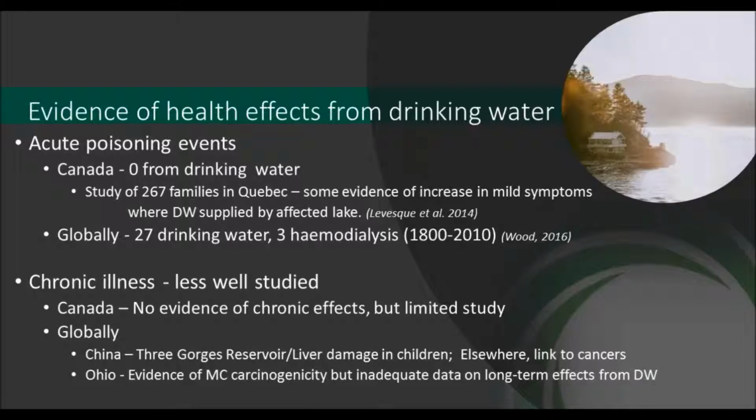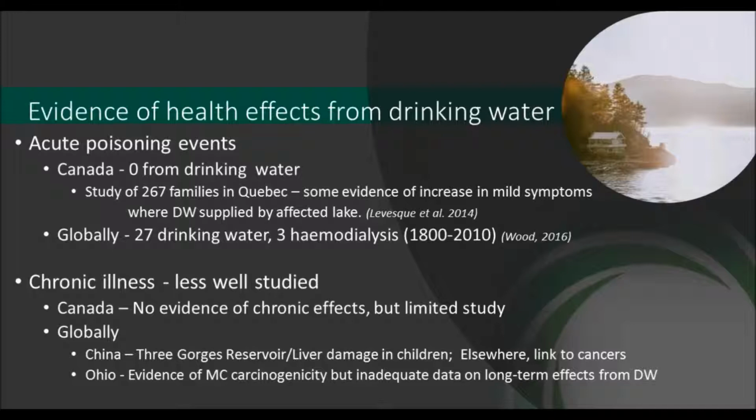Around the world, there have only been about 27 drinking water acute toxicity events and 3 hemodialysis events, of which the worst was the one mentioned in Brazil in 2016. Chronic illness is much less well studied, and we don't have any evidence of chronic impacts in Canada. That's not to say that they're not there, but there is limited study. Globally, the studies are quite limited as well.